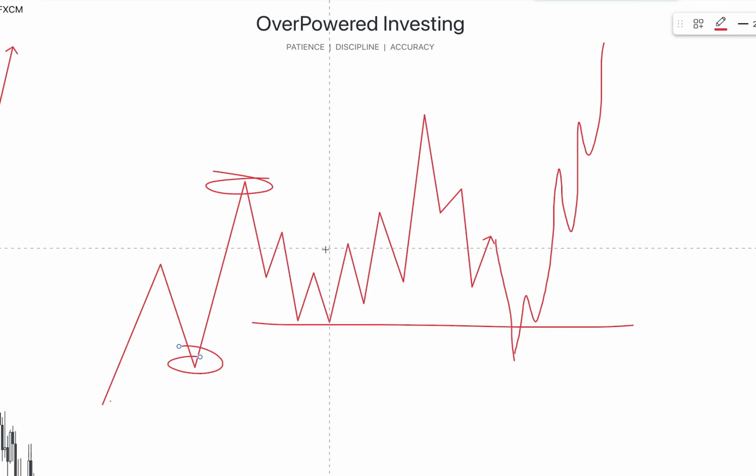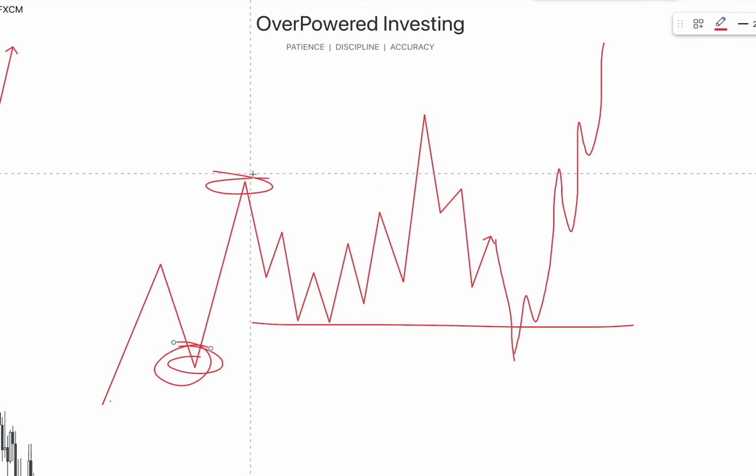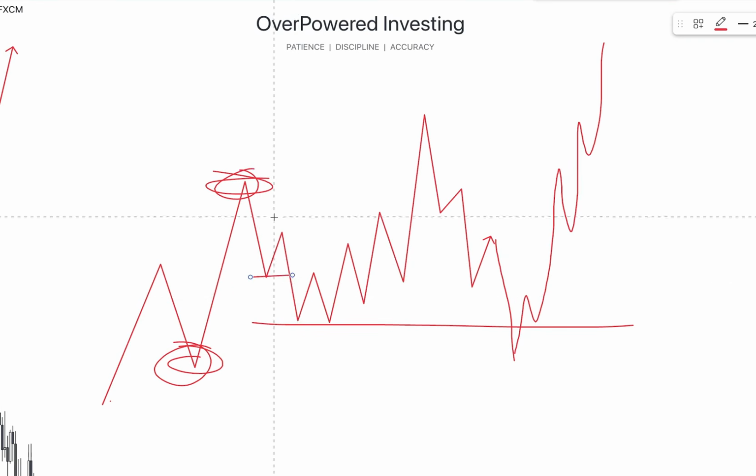As long as price stays within this low and this high, that means we are in the bullish market structure. Even if we do have a break of structure over here or something like that, it doesn't mean that we are transitioning into a bearish trend. As long as we are inside of this high and low, we can say that we are still bullish.